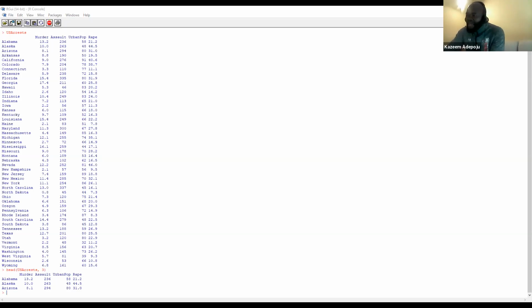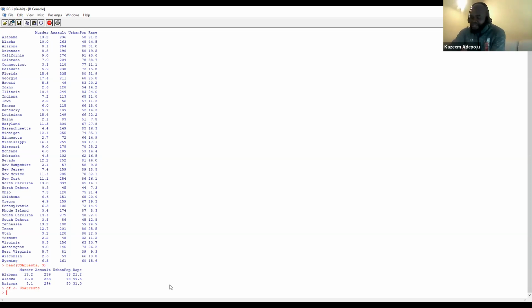Now let me just assume that with the data set right now, maybe I actually want to scale it. Give me 1 second. If I use df to name the data set, and I click on that, my data set is now df, the USArrests.